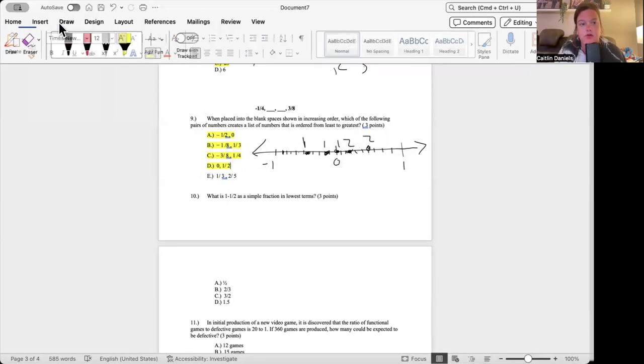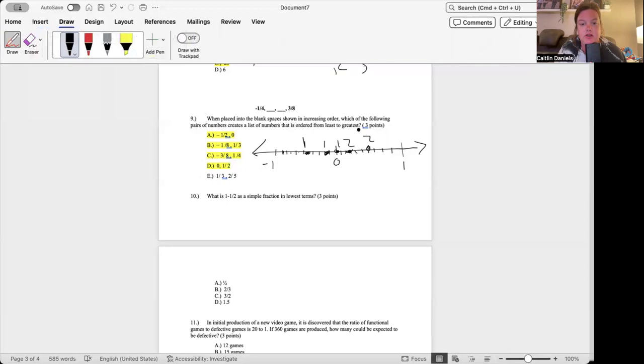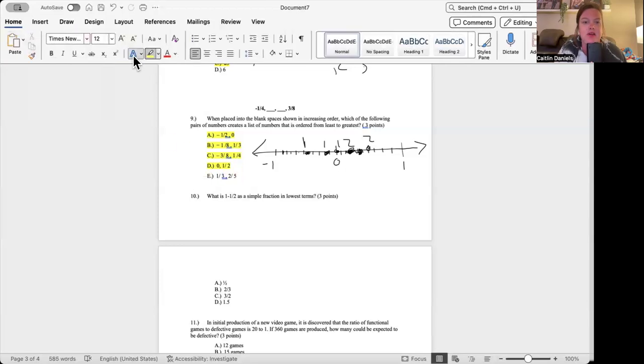I need to get it together, Caitlin. 1/3 is right there where that 2 is, and 2/5 is right down in here. So that one as well. Am I doing this right? I feel like I'm not.